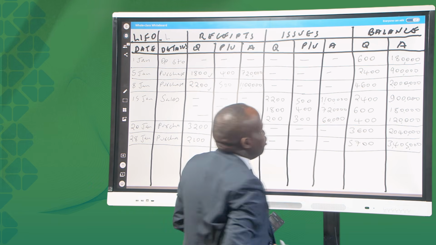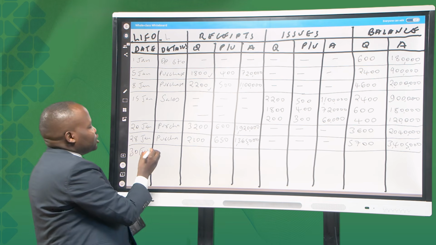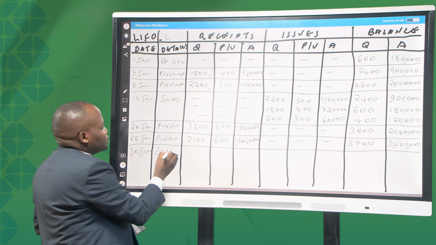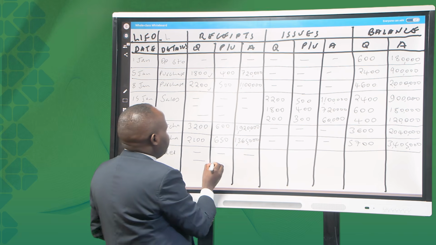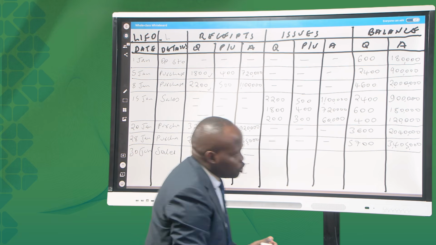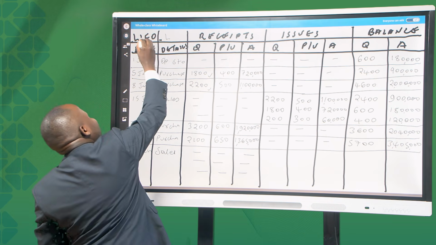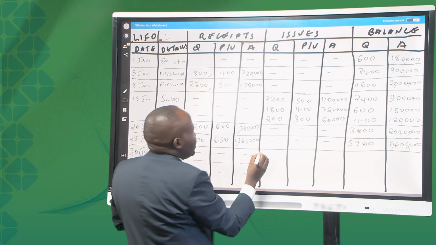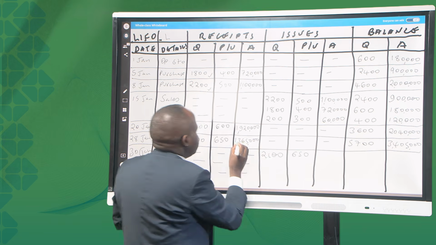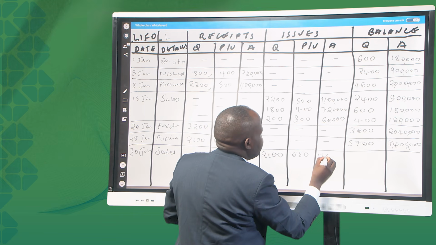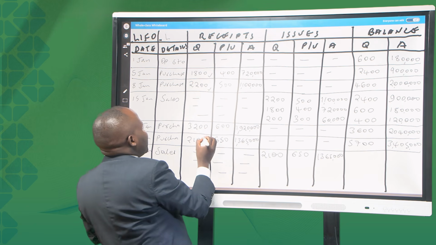And finally, on 30th January, we sold a total of 5,400. So we start with last in, first out. The last is 2,100 at a price of 650 to give us 1,365,000. And then we have exhausted these.